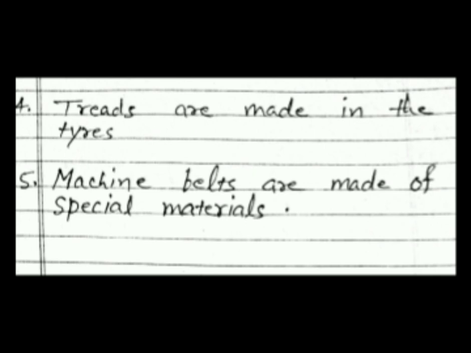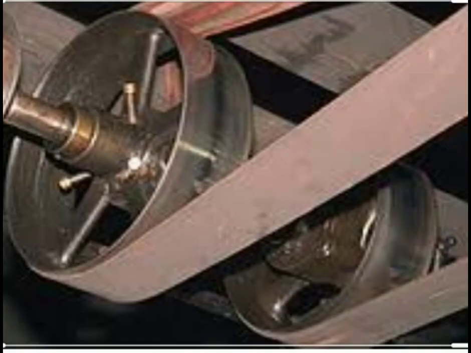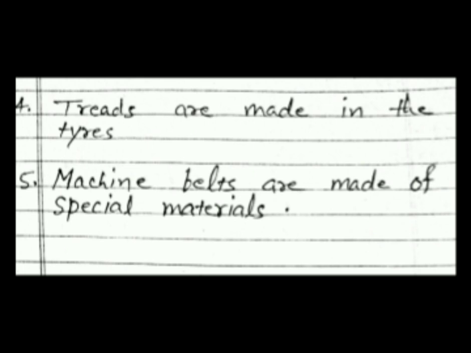Machine belts we use in machines which are driven with the help of belts, and these belts are made of special materials. For example, you can see this in flour mills. These mills are driven with the help of belts made of special materials to increase the friction between the belts and the pulley or wheel.